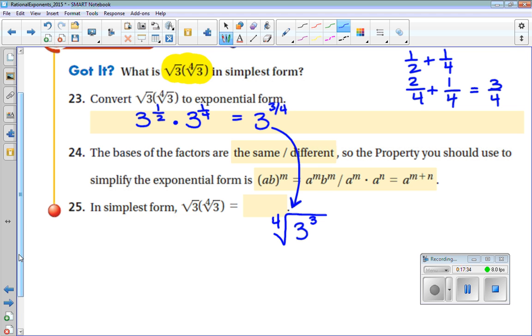What is 3 to the third? 27. So that is my final answer. Sometimes when you have radical functions that don't have the same index, you can still multiply them. You just want to convert them to exponential form first. Good enough? Not too bad.